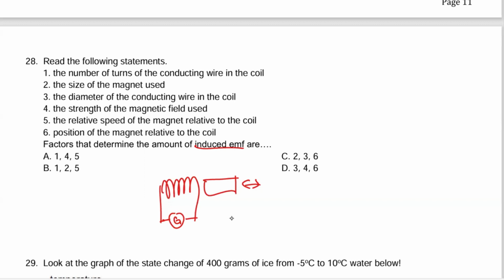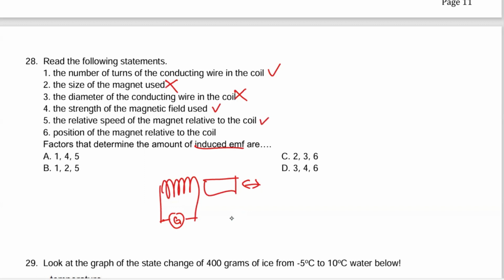The number of turns of the conducting wire, yes. The more turns, the more electricity will be generated. The size of the magnet, no. The diameter of the wire, no. The strength of the magnetic field, yes. If the magnet is stronger, the induced EMF will also be bigger. The relative speed, yes.